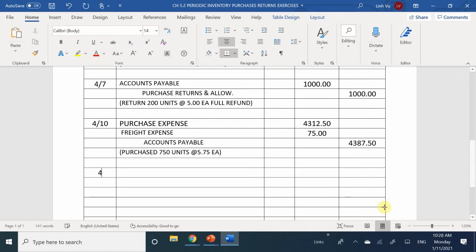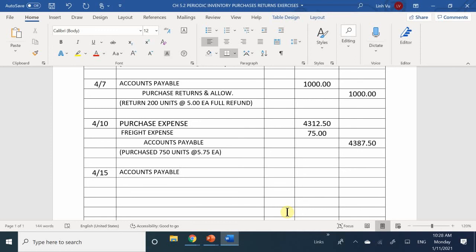This is 415. Sorry, I unlocked my number lock. So 415, and again, you are going to decrease your accounts payable because your original purchase right above it is generally what you're returning.